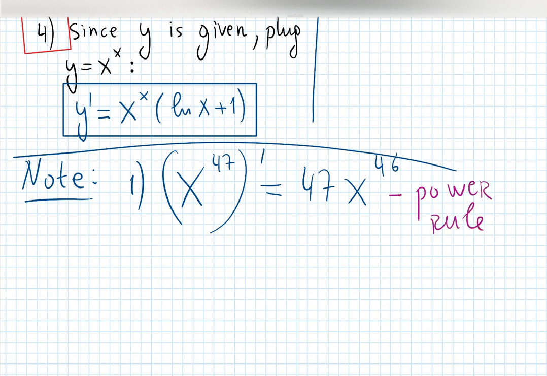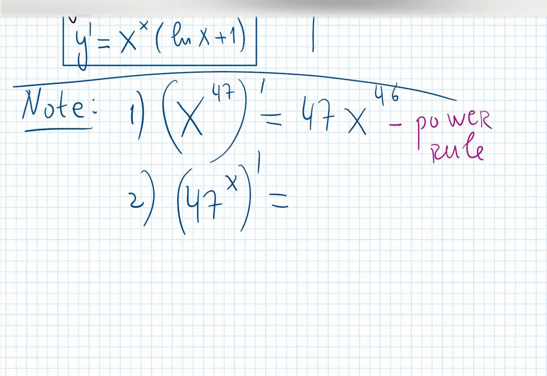Power rule. Second example. What if we had 47 to the x prime? Then what is it? That's exponential, right? Exponential tells you copy the exponential function first, that's how we find derivative of exponentials, and then times derivative of the function in the exponent, which is 1.